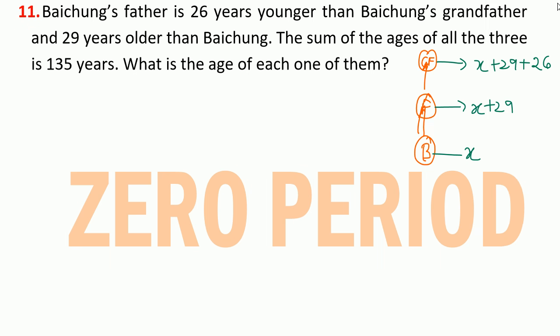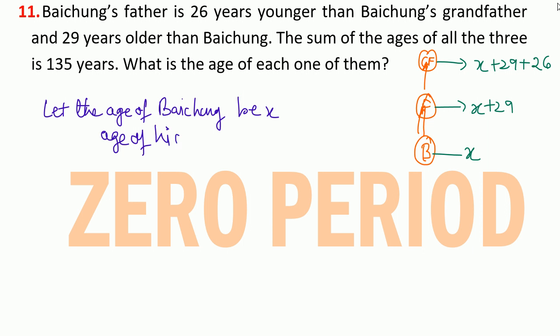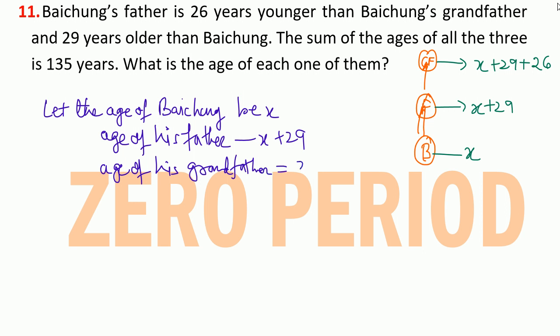Now write the statement properly. Let the age of Baichung be X, then the age of his father will be X plus 29, and then the age of his grandfather will be X plus 29 plus 26.